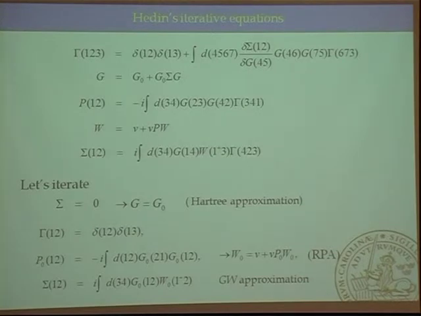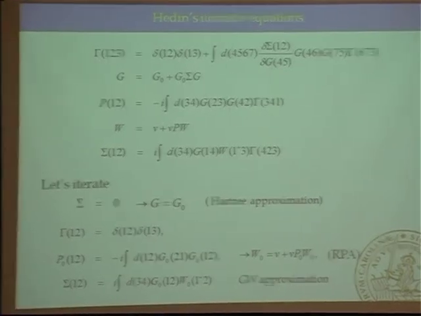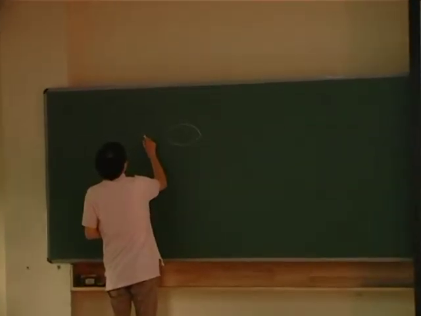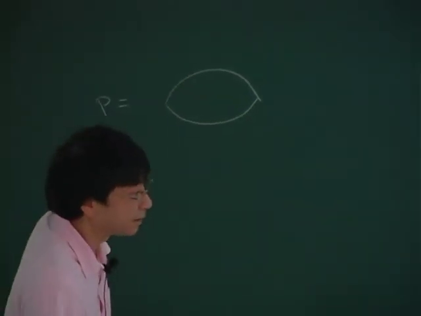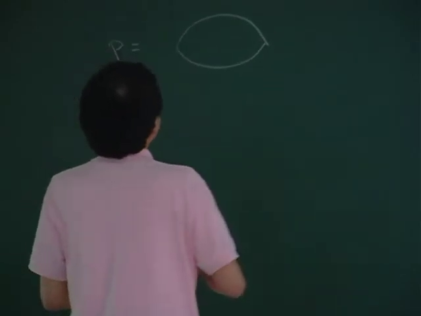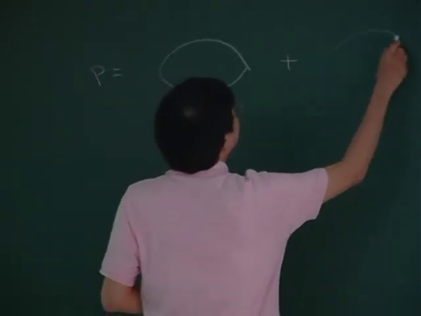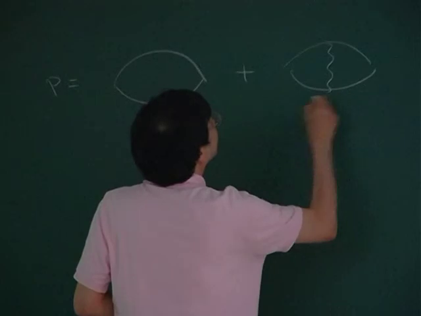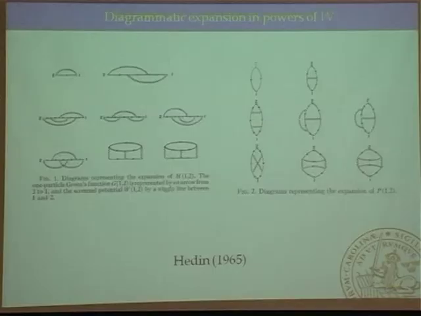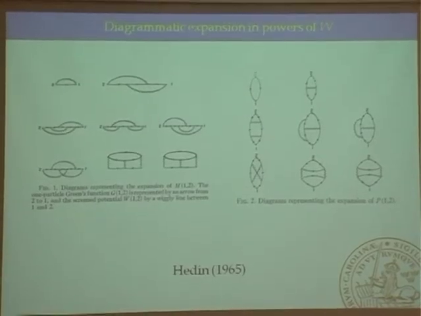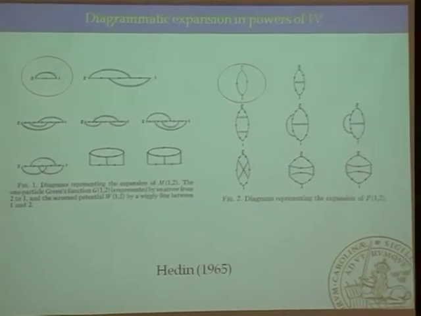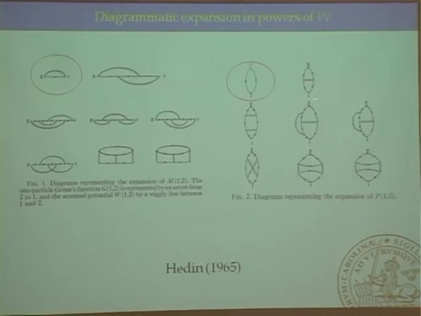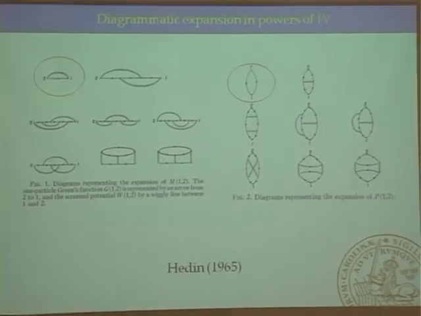So if you calculate the vertex with the W, the P would be like this, and then if you continue, you will generate the P like this, like that, and so on. So basically, we just take this one and this one in GW, and if you want to do excitons, you should include this one also and this.